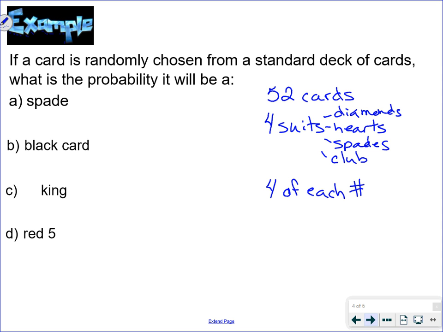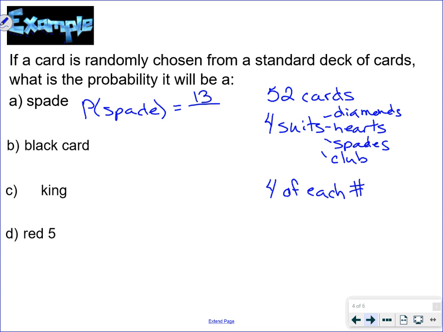What is the probability of this one card being a spade? We want to know how many spades are in a deck of cards. If we take our 52 cards and divide out the 4 suits, that leaves us with 13 of each suit.